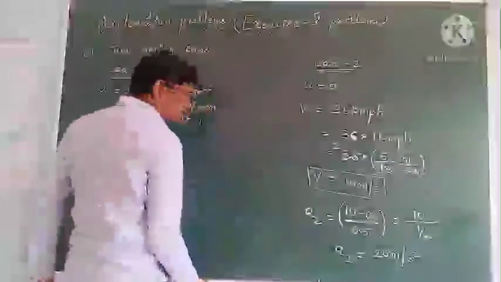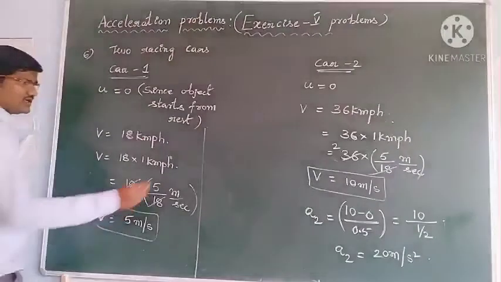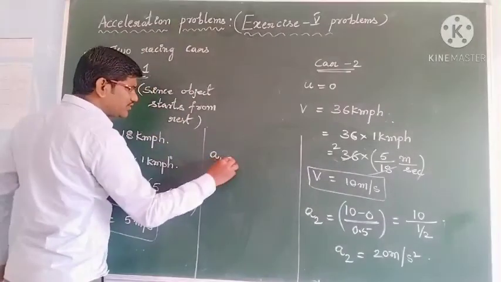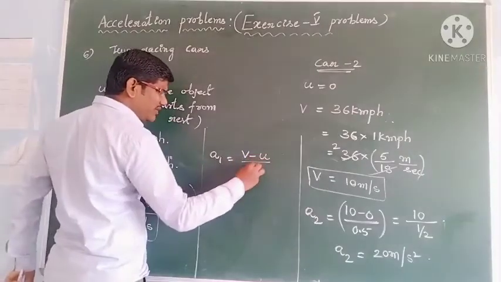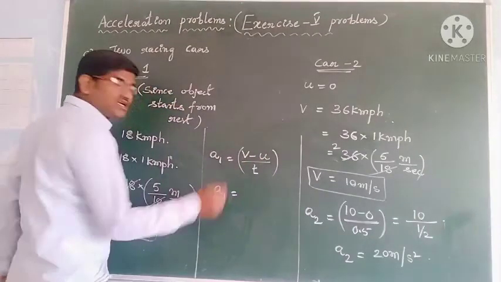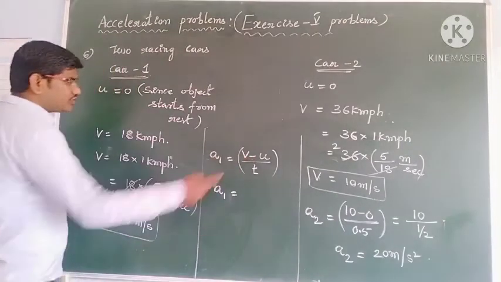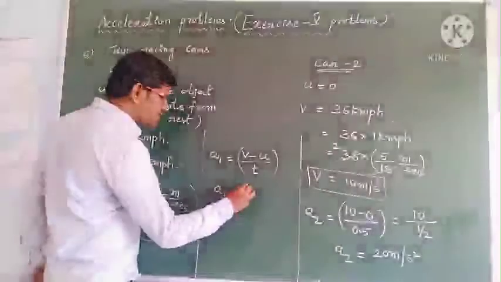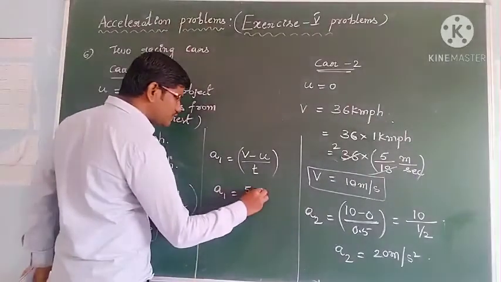Okay students, now you check acceleration here. A1 is equal to V minus U by T, the acceleration of the first racing car. Again, final velocity is 5 meters per second, and initial velocity is equal to 0.